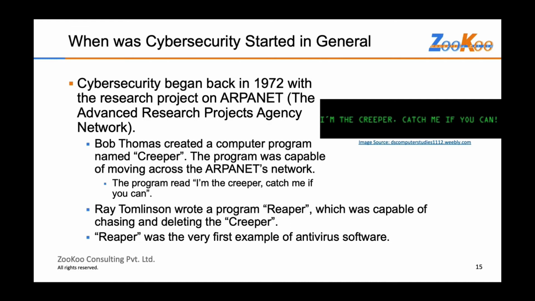In a company, some computers are connected on an intranet, and he created the program so that it could move from one to another. Then Ray Tomlinson wrote a program Reaper, which was capable of chasing and deleting the Creeper. So Reaper was the very first example of antivirus software.